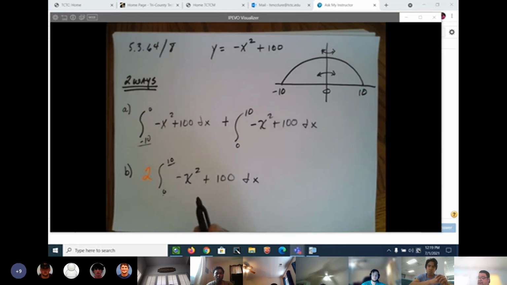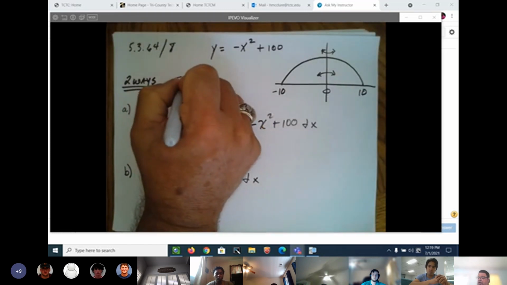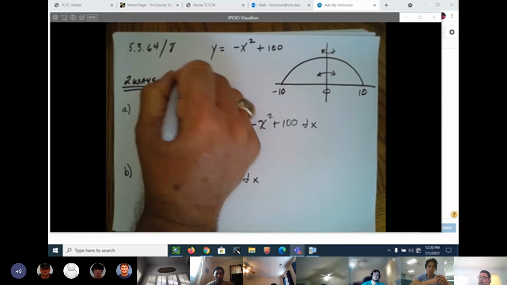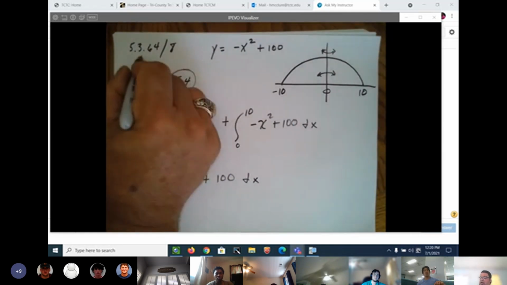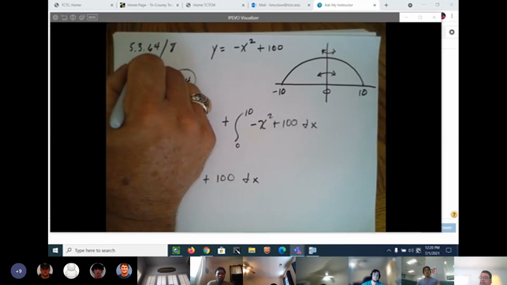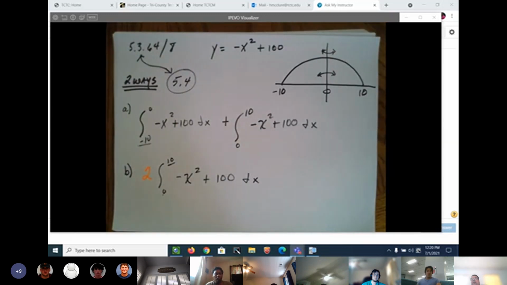Now, this is kind of also what they do in 5.4. 5.3 and 5.4 talk a lot about symmetry. And that's what you need to know about symmetry. If you've got a drawing and it is symmetrical, then you can actually do the easier of the two. Okay?